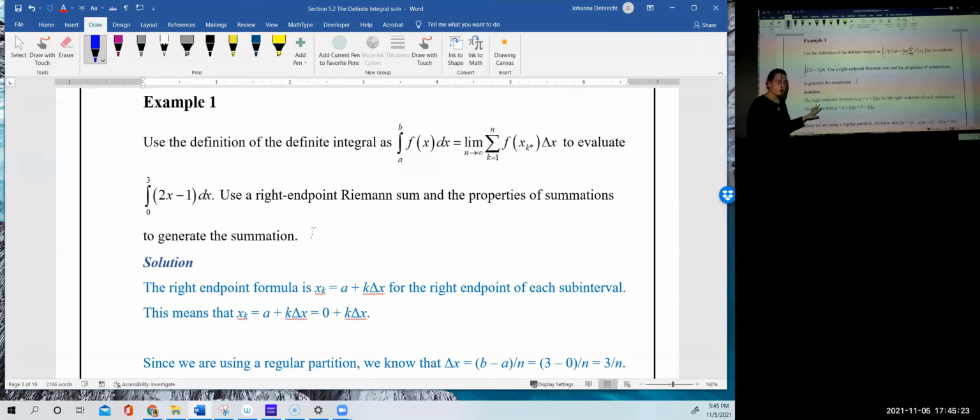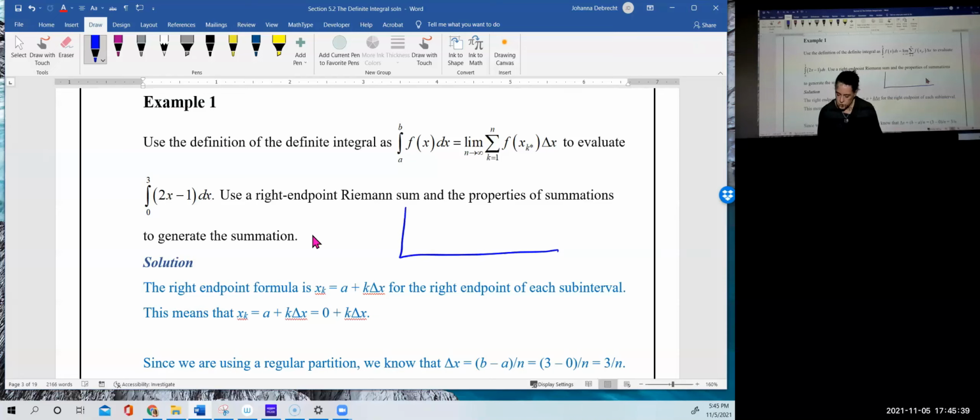Since we've chosen to do the right endpoint, remember that the formula for the right endpoint is x sub k equals the beginning place, which is a, plus k times delta x for the right endpoint of each subinterval. Remember that what we're doing is dividing the region from a to b into a certain number of subintervals.